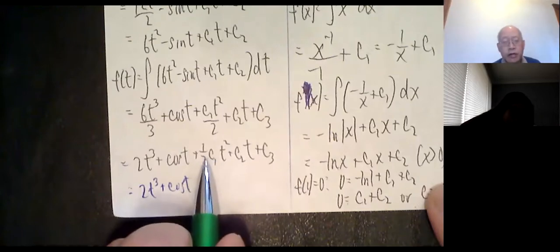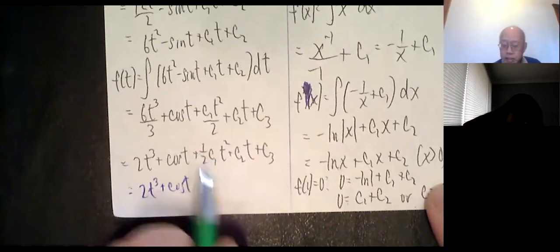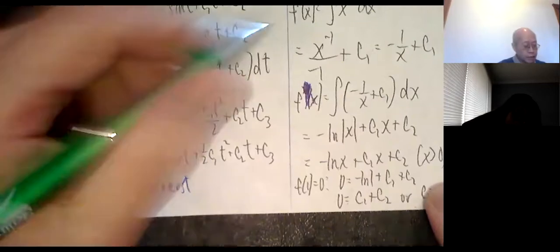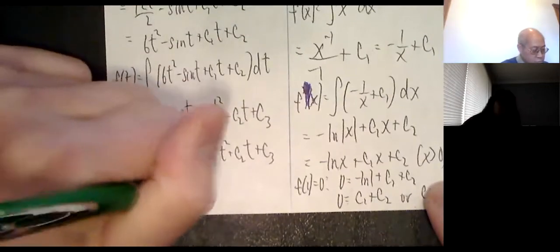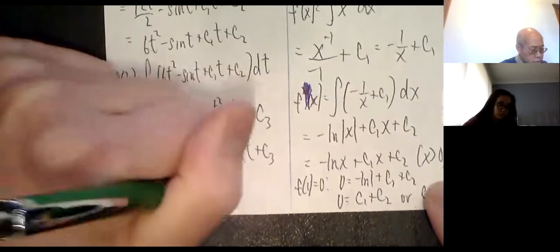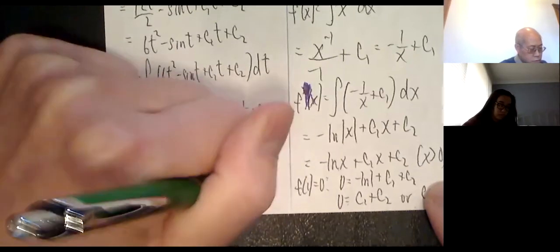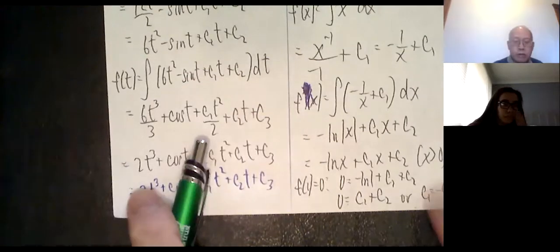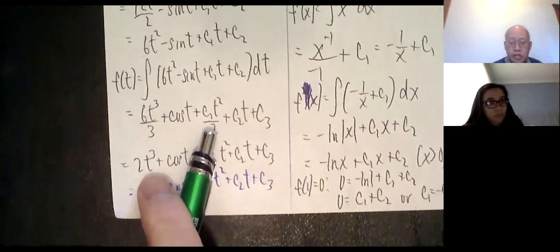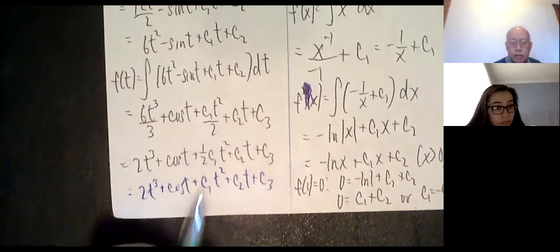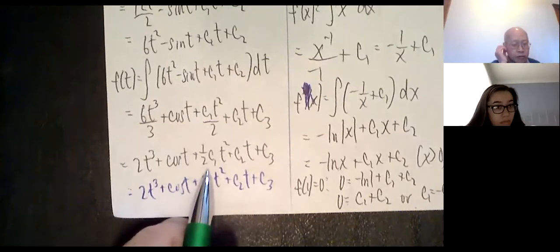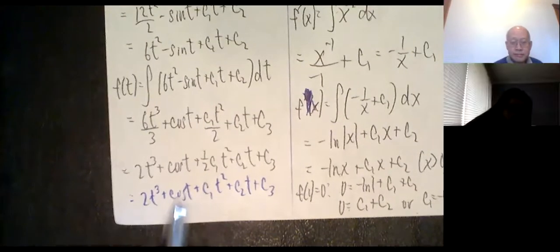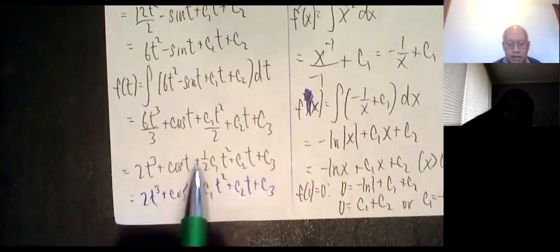I can generate all the real numbers with 1/2 C1, so I might as well just leave it as C1. It really means you can have any real number coefficient in front of t squared. So this is actually the best answer, but I'll accept that.